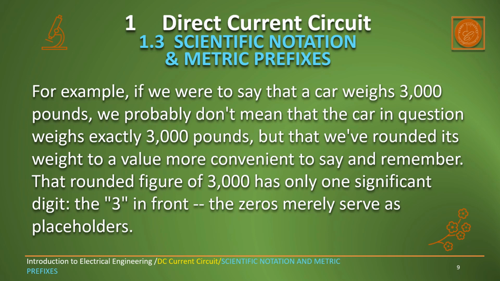That rounded figure of 3,000 has only one significant digit. The 3 in front matters; the zeros mainly serve as placeholders.